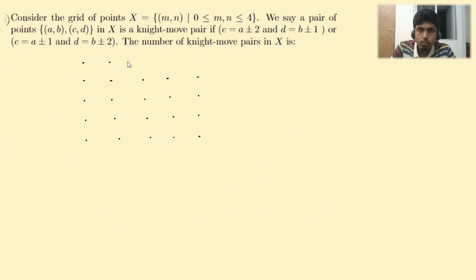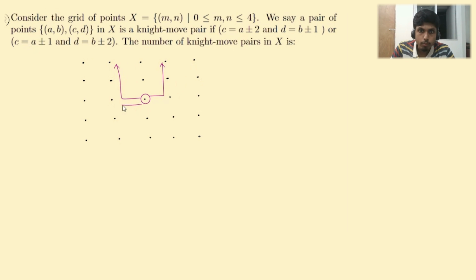Now the knight move pair is a pair of 2 points for which a knight can make a move in the actual chess game. So you can think like this. If you are starting from this point, or let's say the middle point, you can go to this one or this one.